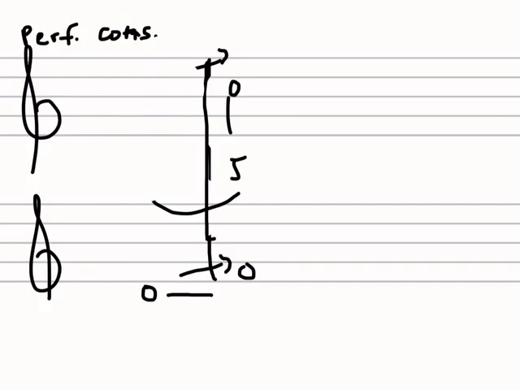On the other hand, if I did something like this, and reversed those, now I'm going down to the C and up to the F, and that would be perfectly all right. So that's how we treat perfect consonances.